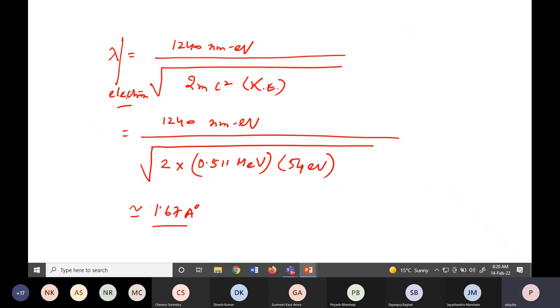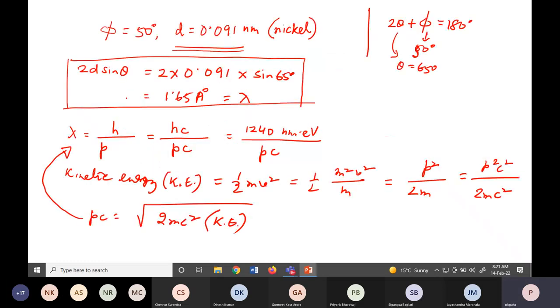And if you take the value of phi 50 degree and put it in 2d sine theta equal to lambda, you get 1.65 angstrom. So these two wavelengths are very close.